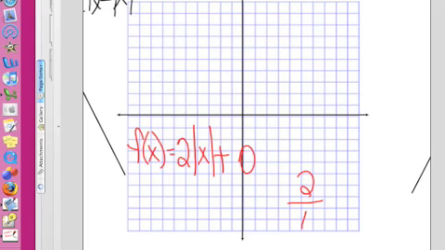All right. How do we graph this? We start with where it is in relation to the y-axis, which is not there. And then we find points on either side.